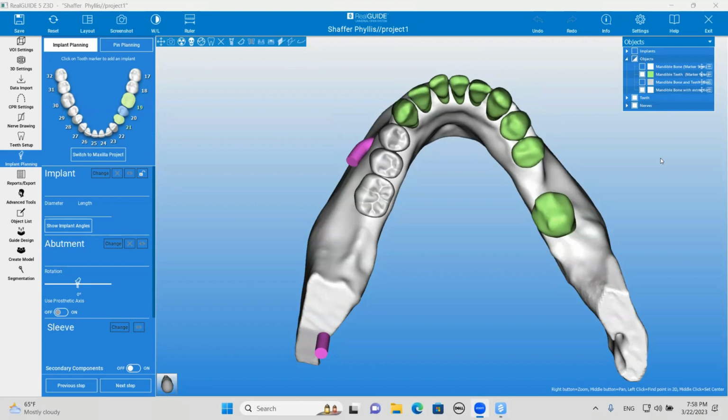How old again? 68. So as you know, patients as they age, especially females, their biting force decreases significantly. What is even more positive on this case is that it's opposing a denture. We know that natural teeth in the first molar region can apply 250 plus pounds per square inch.